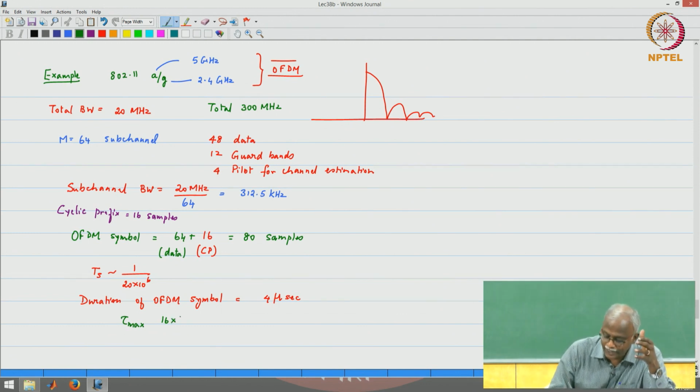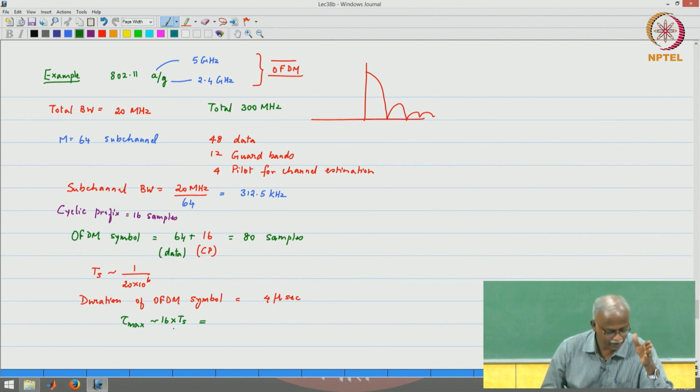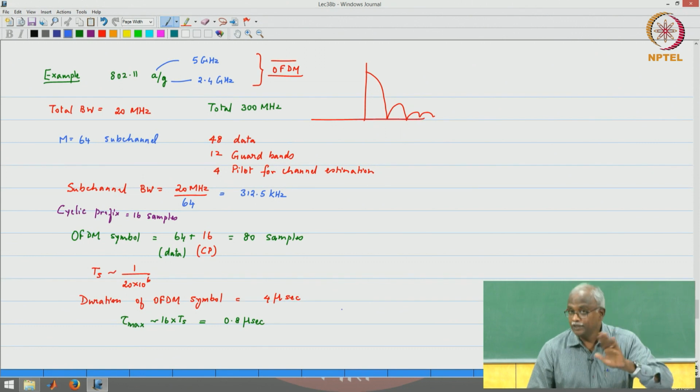So 16 times Ts approximately, that is what I have protected myself against. Did I get my 4 microseconds correct? Okay, 16 times Ts, what will that come out to be? 0.8 microseconds.